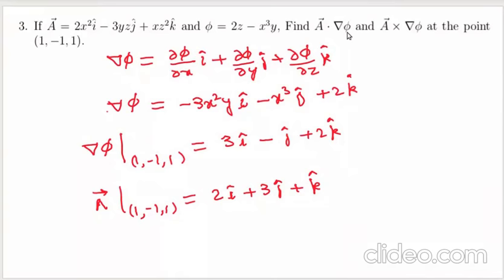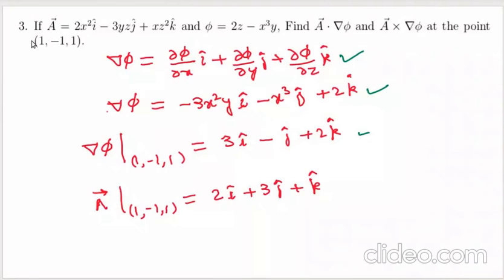As we have already discussed, it will be given by this expression, and you can put the phi function value and differentiate the corresponding terms. The gradient will be minus 3x square y i cap minus x cubed j cap plus 2k cap. If you put this point here, the gradient will be 3 i cap minus j cap plus 2k cap. That you have to use in calculating a dot gradient of phi or a cross gradient of phi.